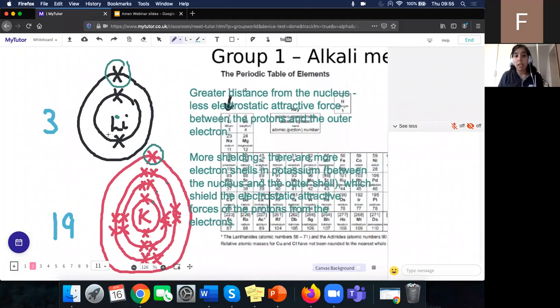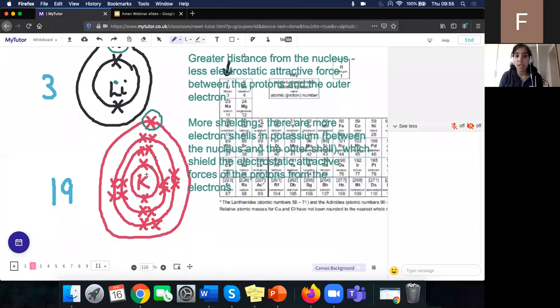So you might think that in lithium, there are less protons in that nucleus, so there is less electrostatic attractive force between the protons and the outer electron. Whereas in potassium, there are 19 protons in the nucleus, so there's more positive charge in the nucleus between that outer electron and the nucleus. So that is actually saying that lithium should be more reactive than potassium.